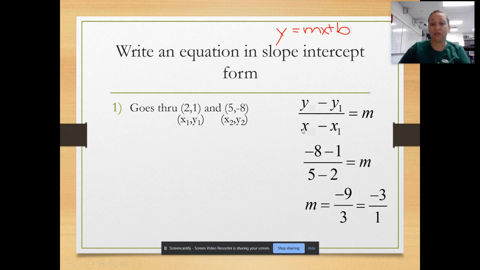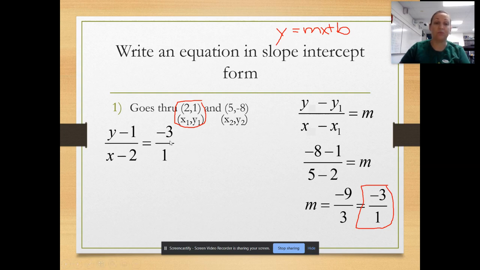Using my altered slope formula, I'm going to take my x1 and y1 and my m, which I've just calculated, and I'm going to plug them into the altered slope formula. And the altered one will keep a letter y and a letter x at the beginning of the fraction. So it looks like this. Now again, it's important that your slope is a fraction, and that if it's a negative fraction, your negative sign is attached to the top number.